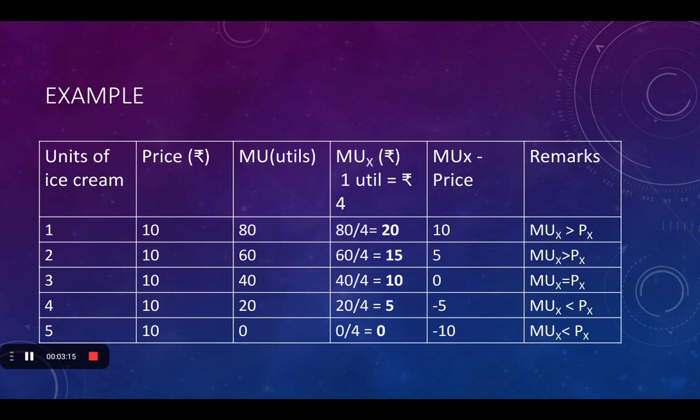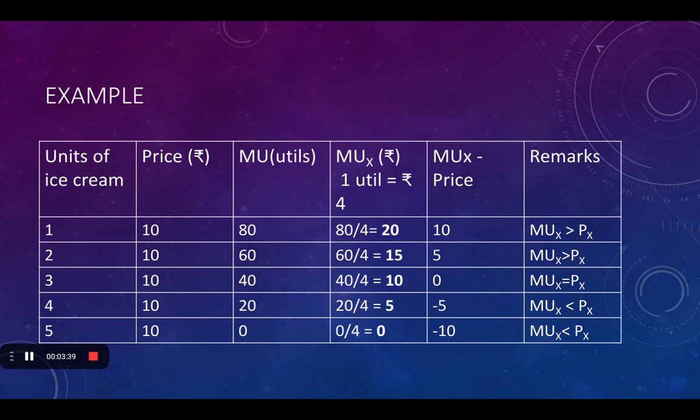Then, let's understand this with an example. Let's say we are consuming ice cream. The price of ice cream is rupees 10. Per rupee marginal utility is 4 utils. That is, on spending 1 rupee, we are getting 4 utils satisfaction.